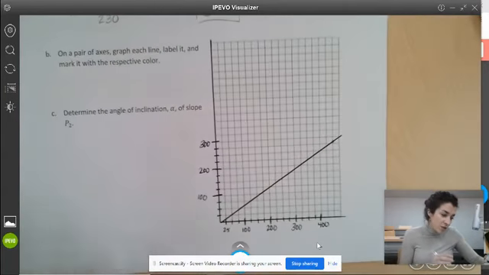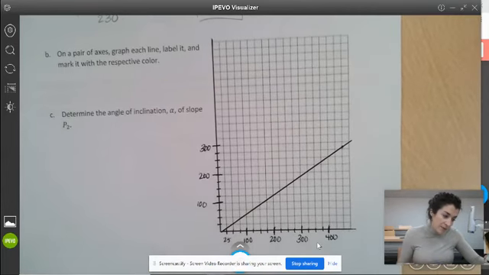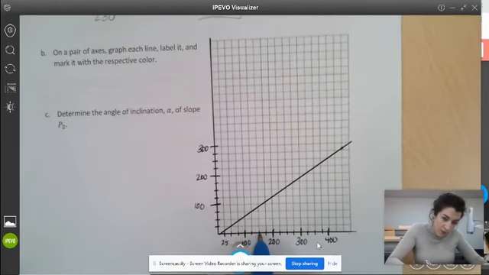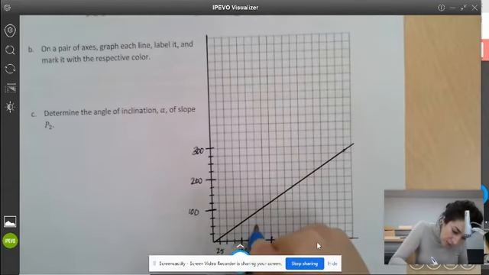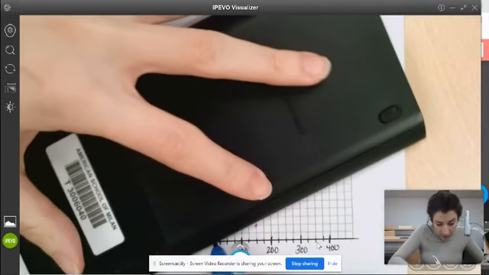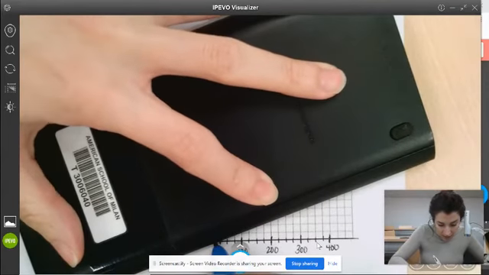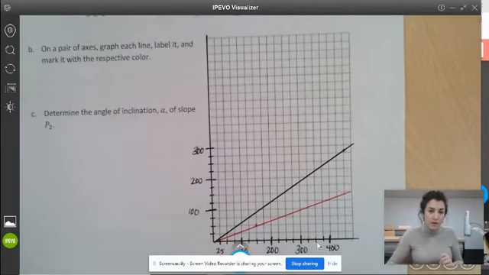Okay, so then a horizontal change of 150 for number 2. So horizontal change to 150. And a vertical change of 50 means that my point is right here. And that would be the red slope.